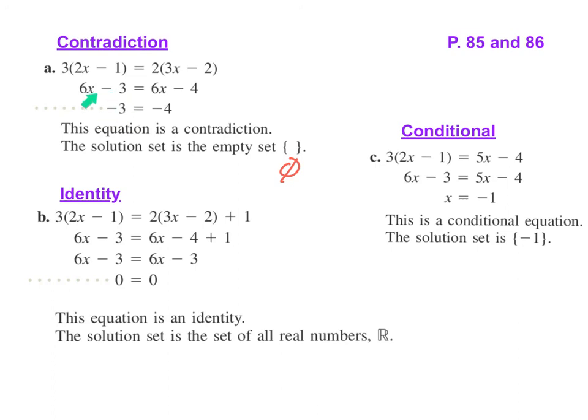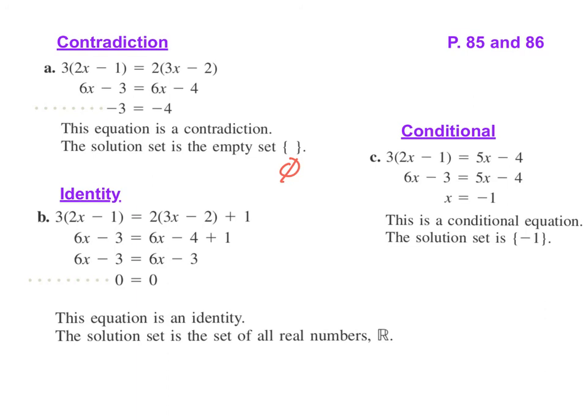So again, when the variables cancel out and I get a false equation, negative 3 does not equal negative 4, then I know it's a contradiction. Okay? And so it's an empty set or no solution. So you can only identify which one it is after solving. Once you know how many solutions there are, then you know which type of equation it is.